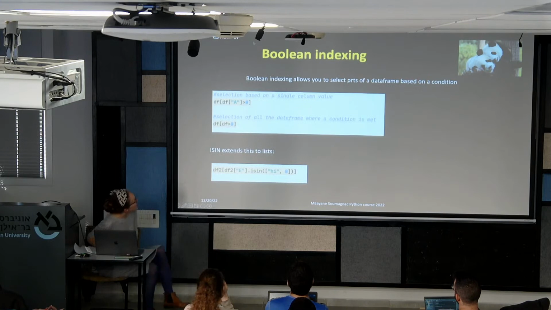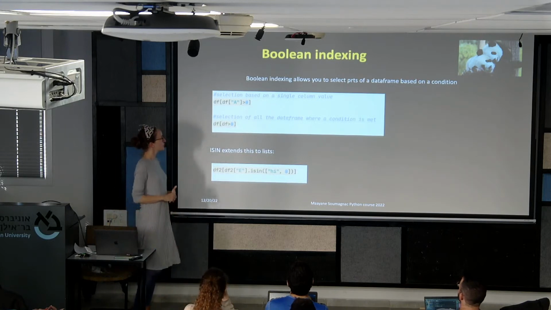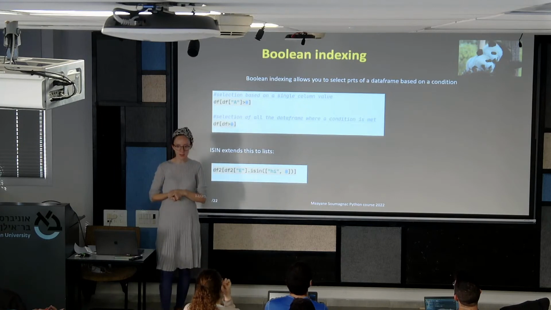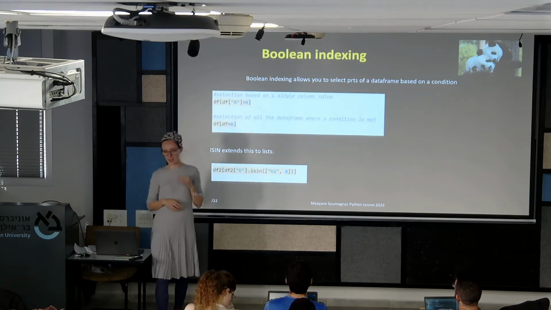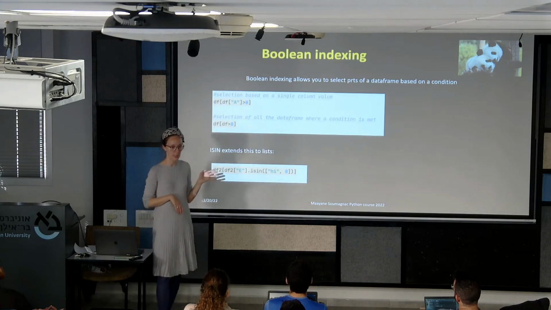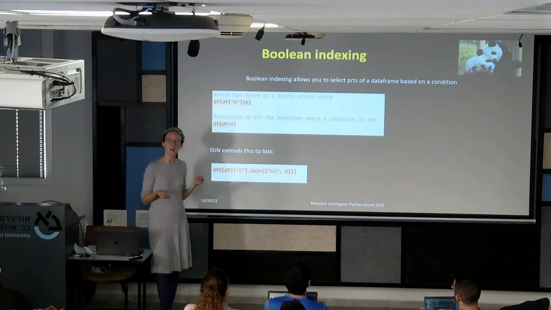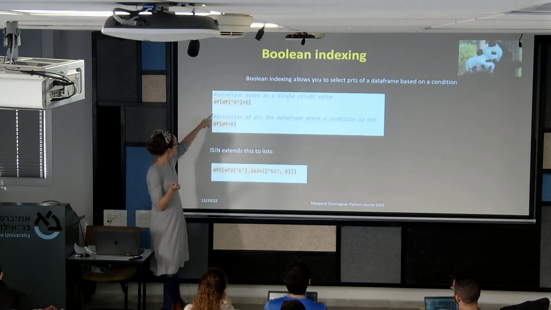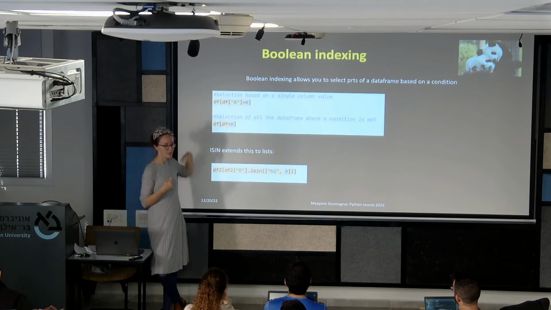Boolean indexing allows you to select part of a data frame based on a condition. In every research project, in every analysis project, you will want to do this. You're receiving the data, you want to select the data where a condition is true. This is the basic syntax to do this. It's a very compact and easy syntax.